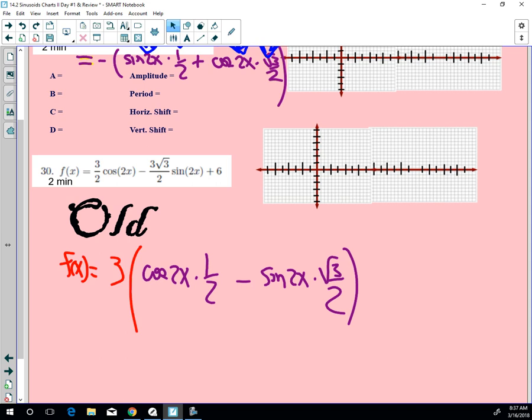Could you write this in some kind of A minus B form? See if you can do that. I know it's hard, but you can do it.